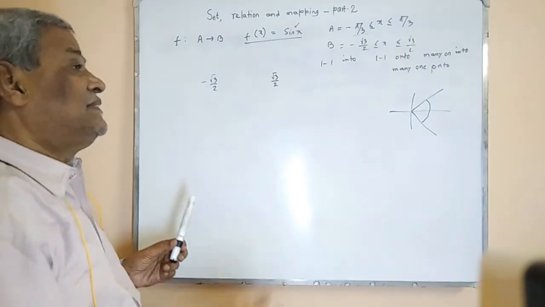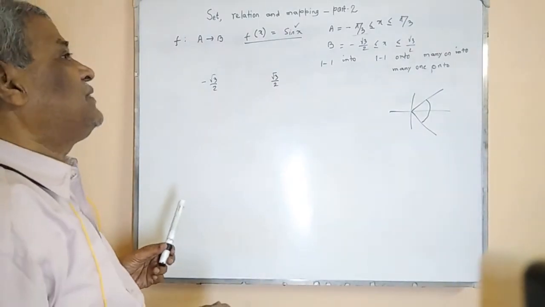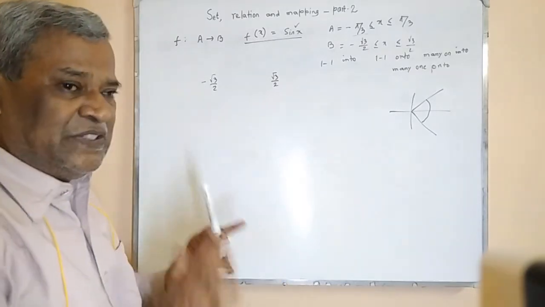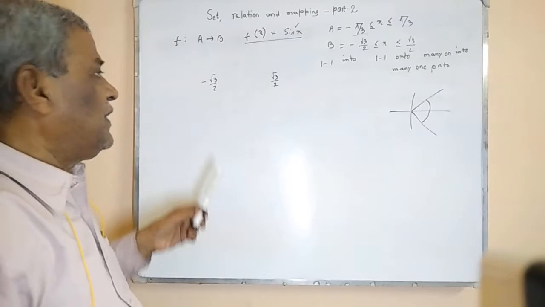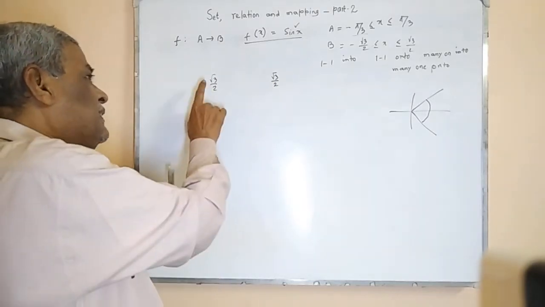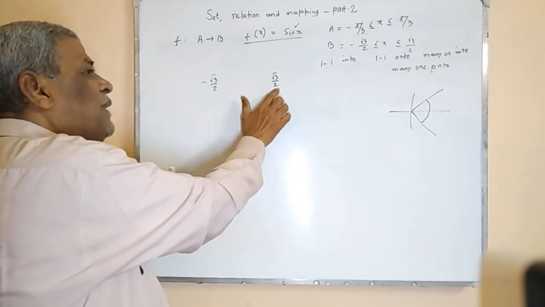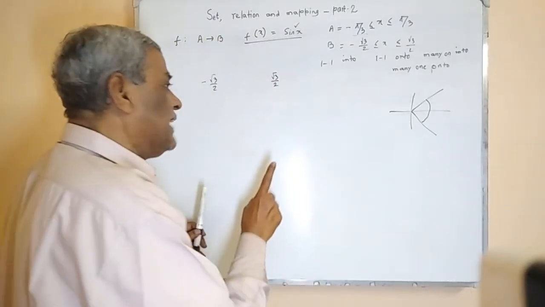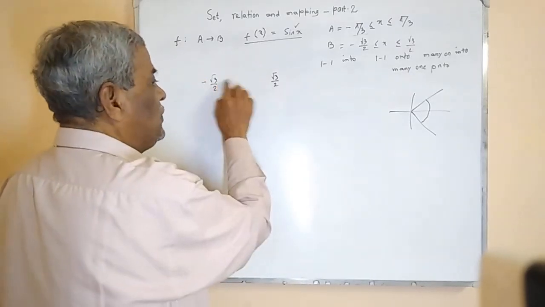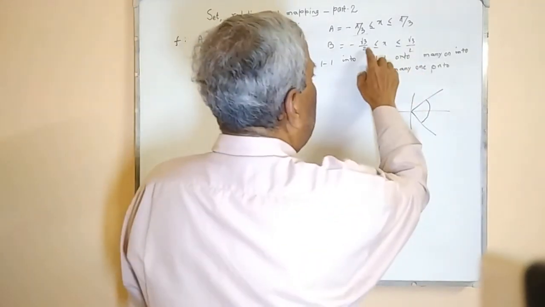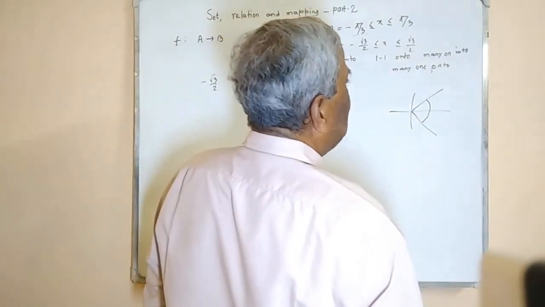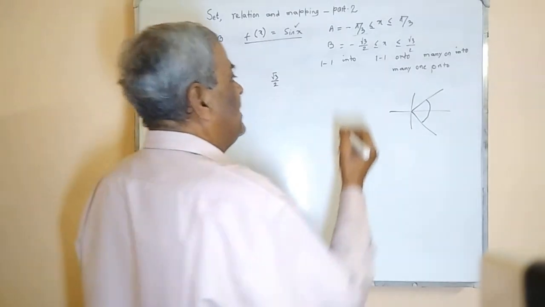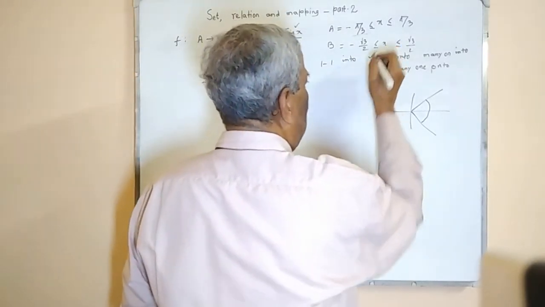Sin x is a continuous function everywhere, so it must assume all values between the minimum and the maximum. That is, it is an onto mapping. So the answer is one-one and onto.